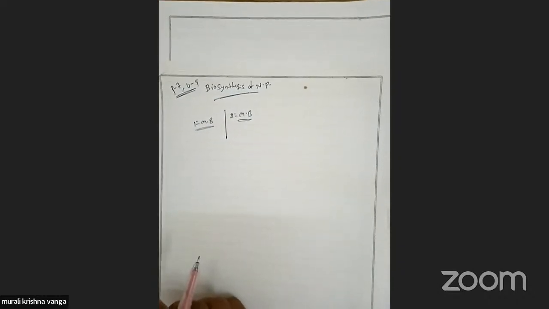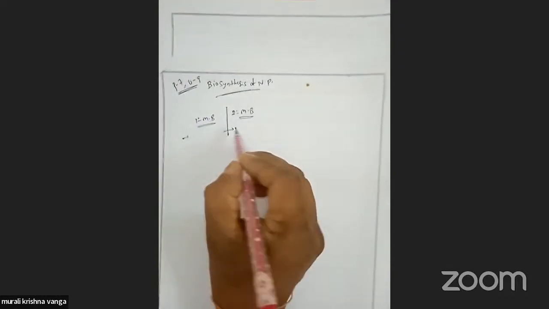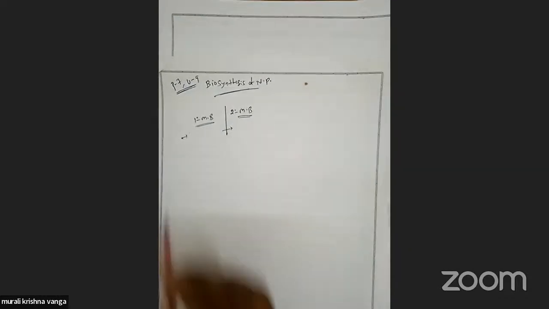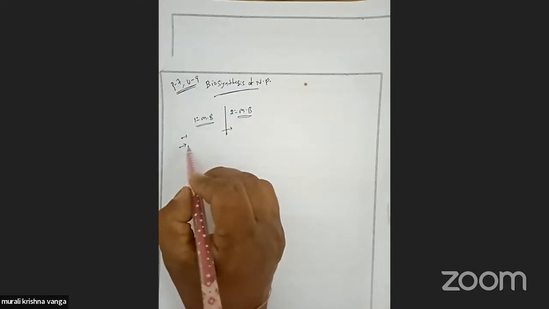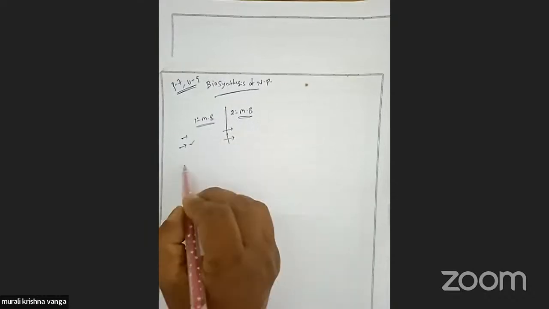Primary metabolites are essential for life process and are distributed in each and every cell.